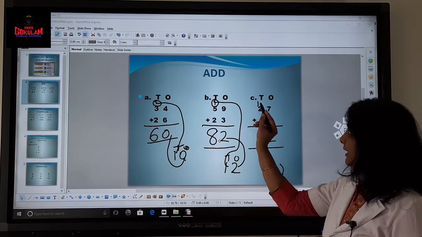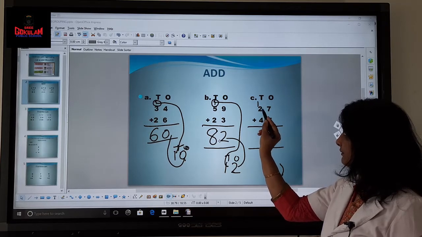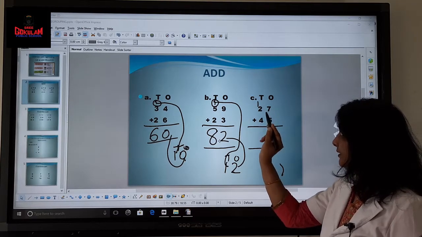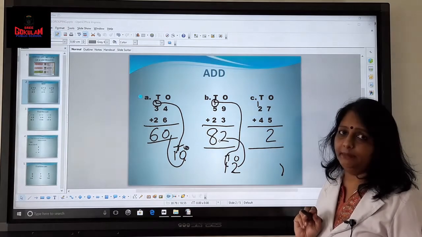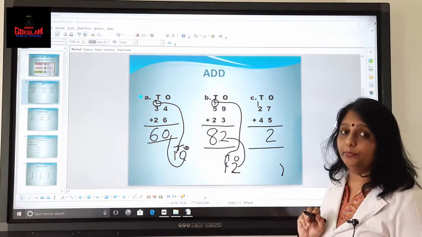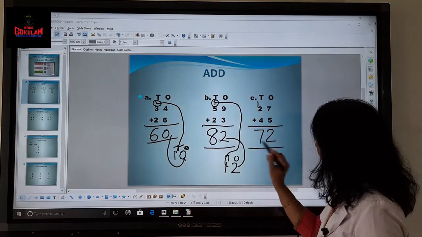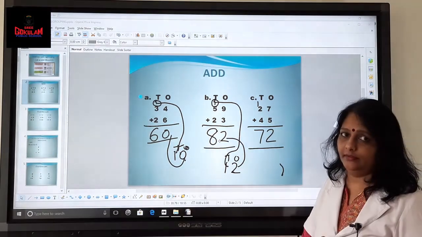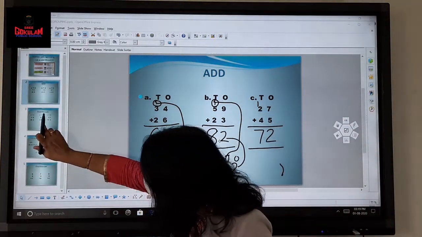Now, we will add these three numbers. 1 plus 2. What is 1 plus 2 or 2 plus 1? 3. 3 plus 4. What is 3 plus 4 or 4 plus 3? 7. So, the answer is 72. Clear? Let us go to some more examples.